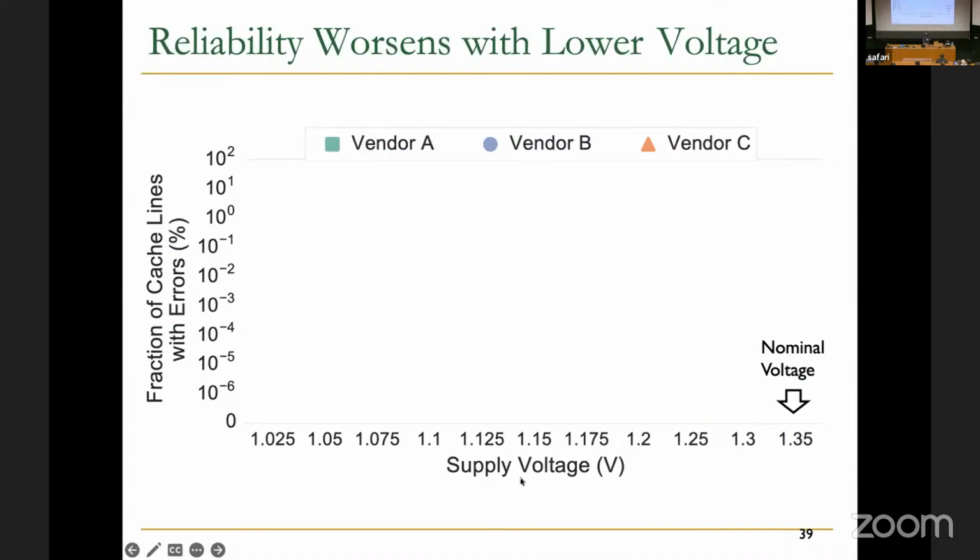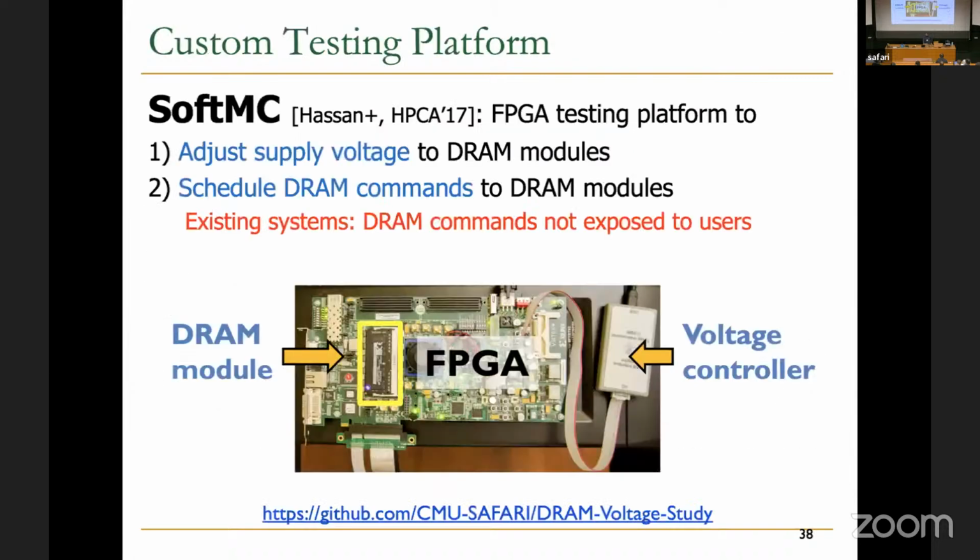So in this plot, on the x-axis, we have the supply voltage. The rightmost one is 1.35 volt, the nominal voltage level, and we go from right to left while we reduce the voltage. On the y-axis, we have the fraction of cache lines with errors. So in a sense, it's like bit error rate.